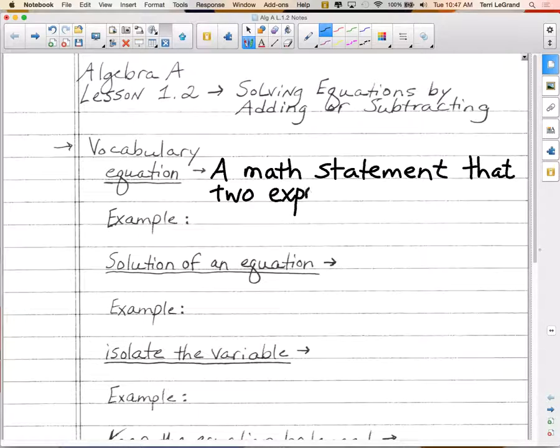So a math statement where we have set one expression equal to another.